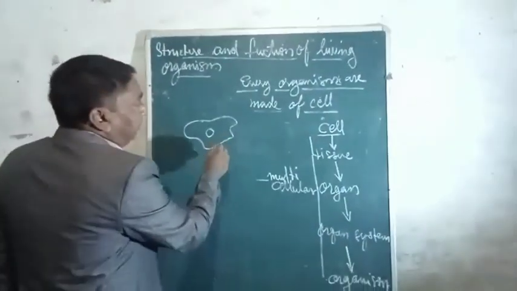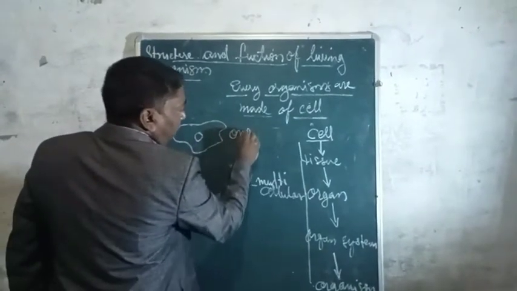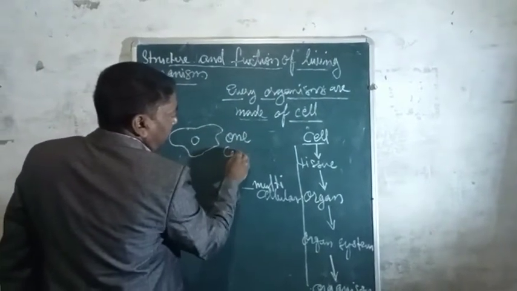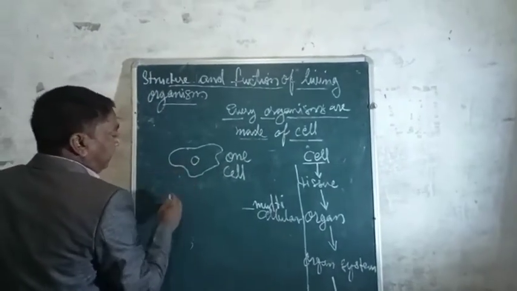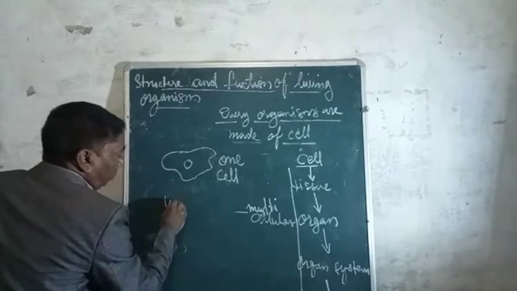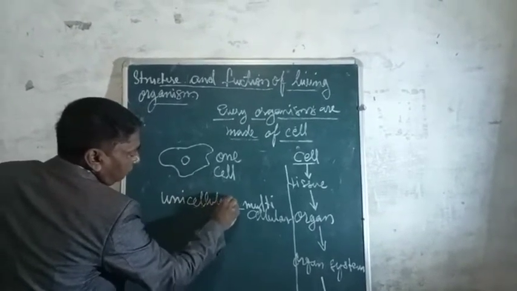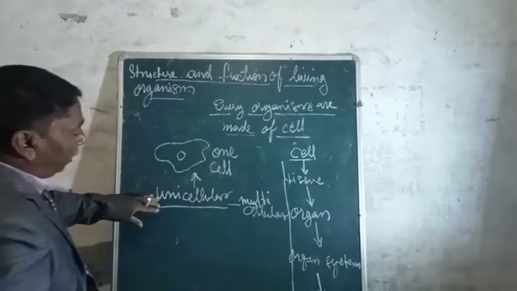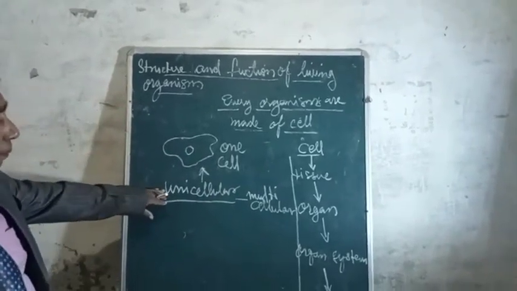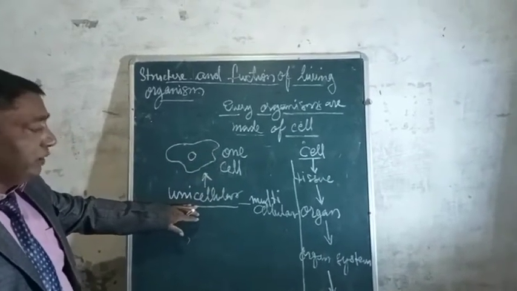Organisms that are made up of only one cell are known as unicellular.